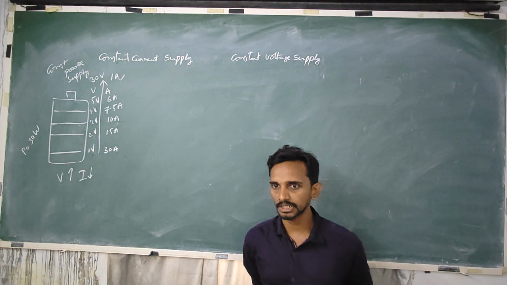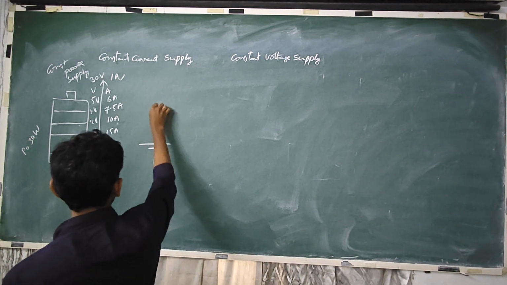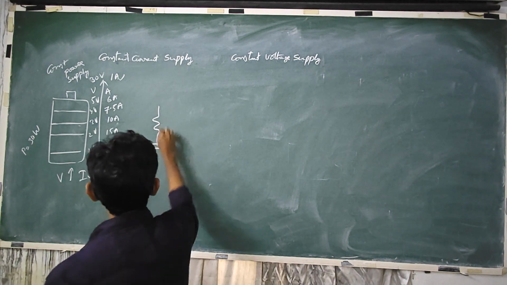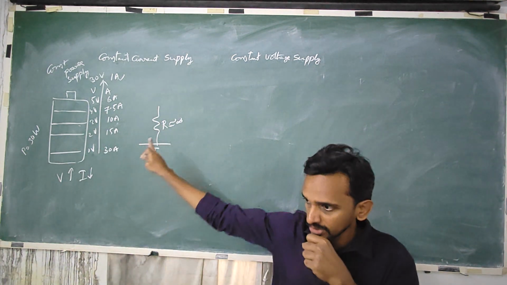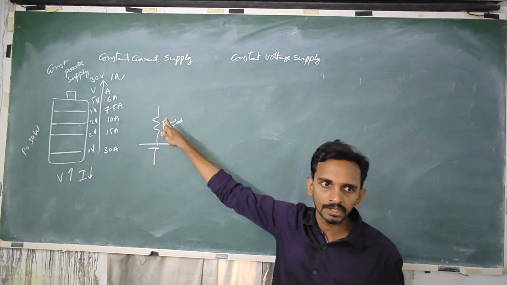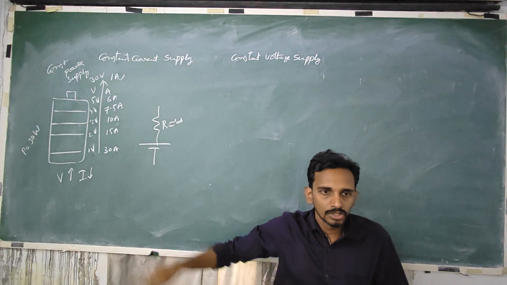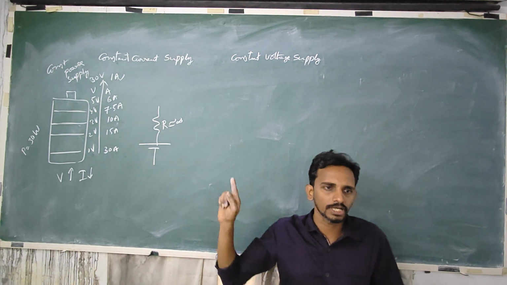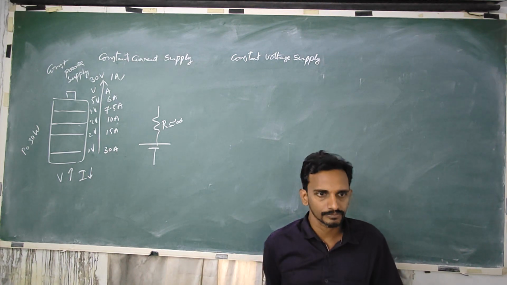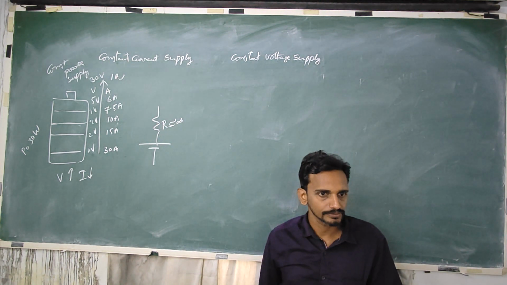So then how to limit the current? I take a constant power supply and connect a very heavy resistance in series. So it allows very least number of carriers. It allows only 1 electron, let's say, at a time. It's very narrow, very high resistance.